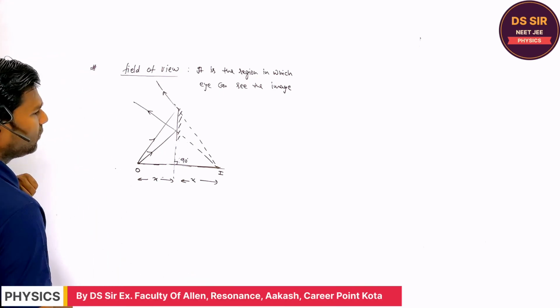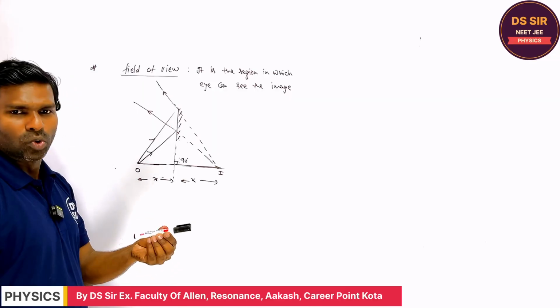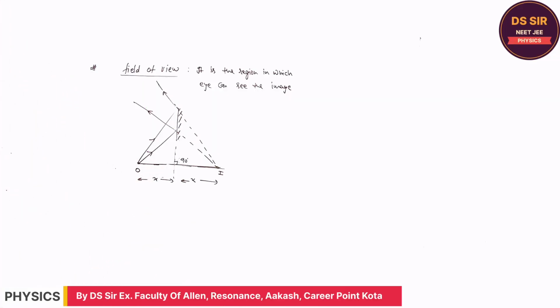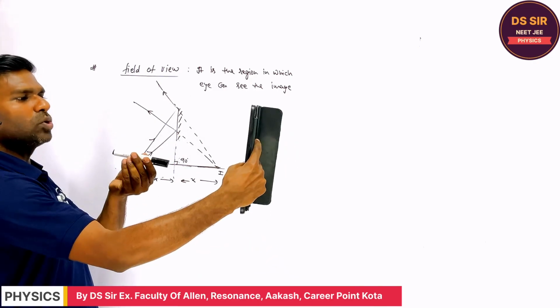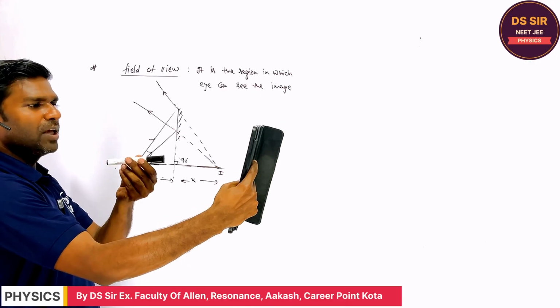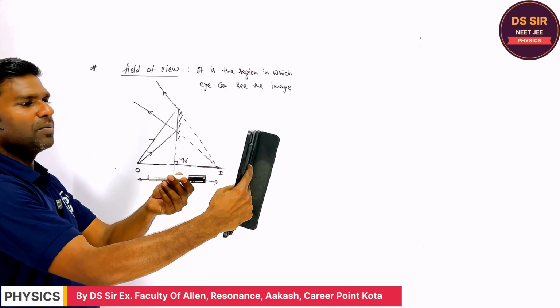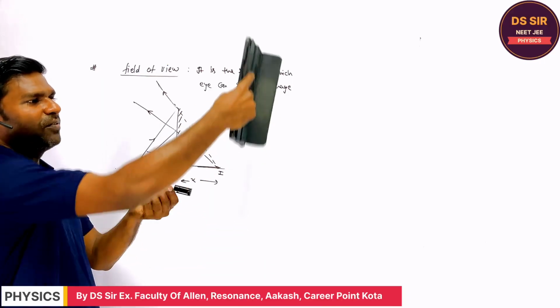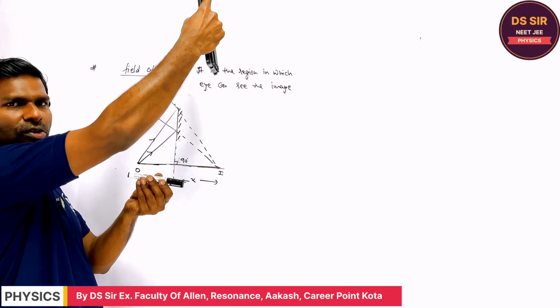Now what is the field of view? Suppose this is the torch, and this is the mirror. If the mirror is in front of the torch, you can see the image of this pen or this torch in the mirror, behind the mirror. But if the mirror is over there and the pen is over there, are you getting the image or not?